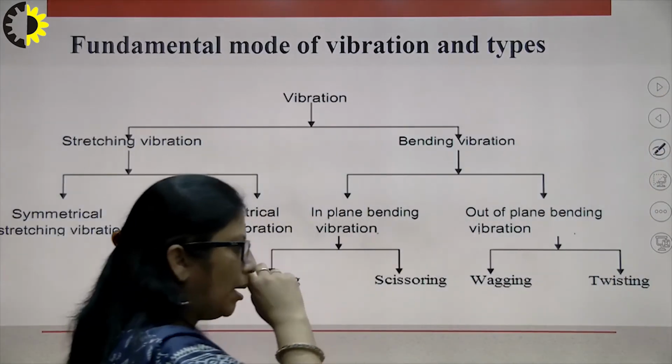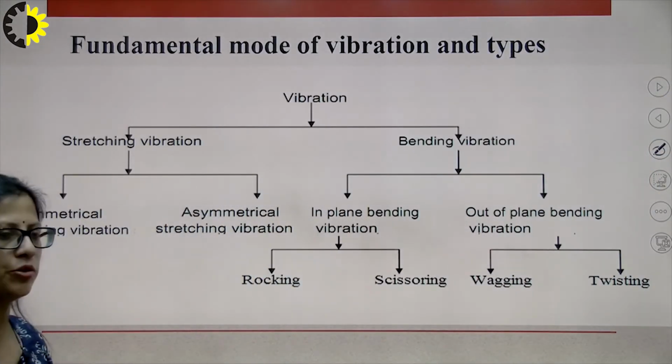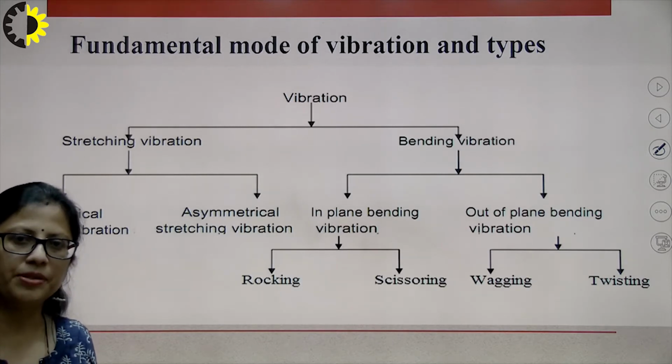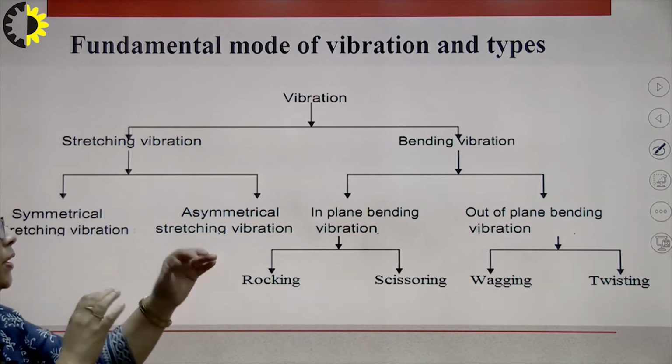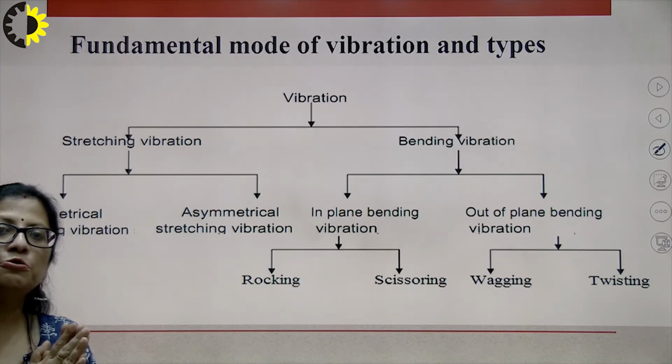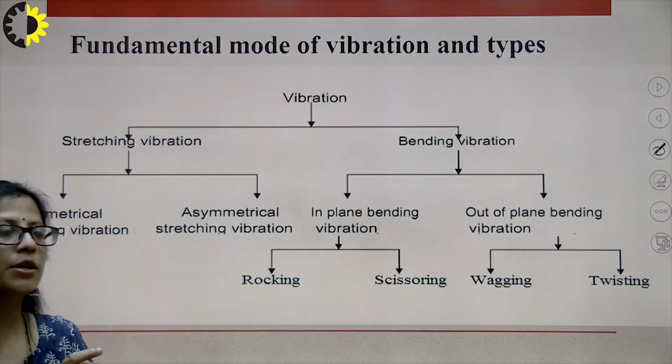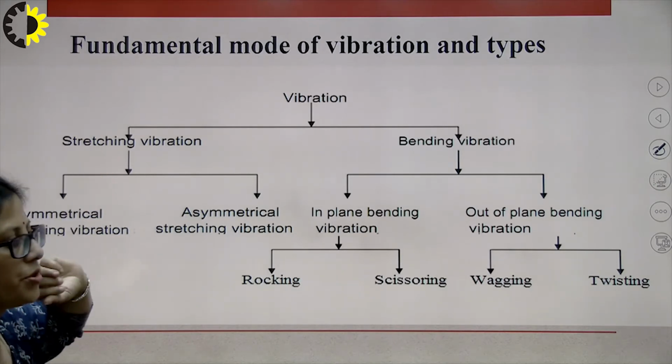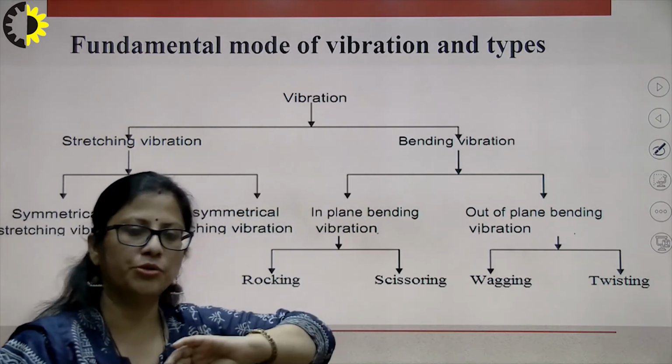Now coming to the fundamental vibrations and their different types. The vibrations which are taking place can be divided into two broad categories: the stretching vibrations and the bending vibrations.